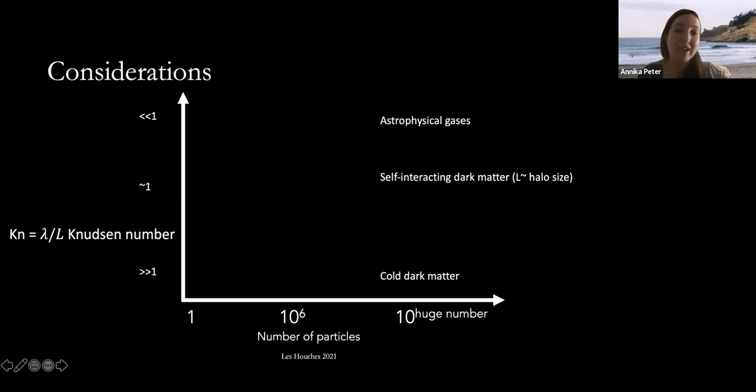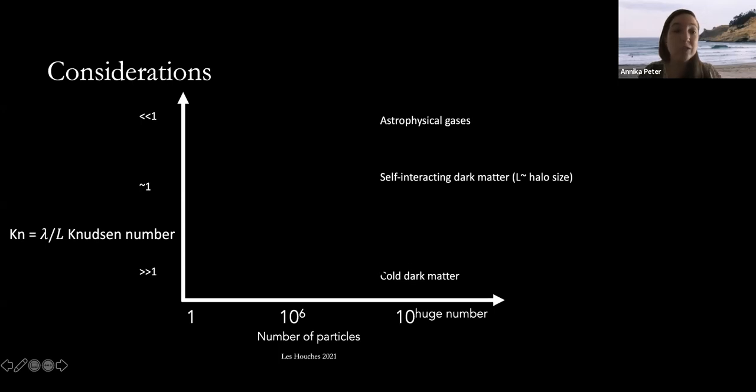If you think about Coulomb interactions in a chunk of gas in space, or even the gas you're breathing in your room, the mean free path is very small compared to the system size. So anytime you've got anything electromagnetic, you're typically in this low Knudsen number limit.